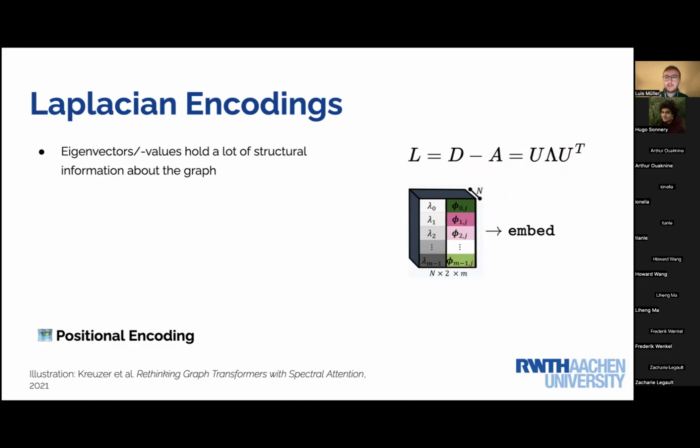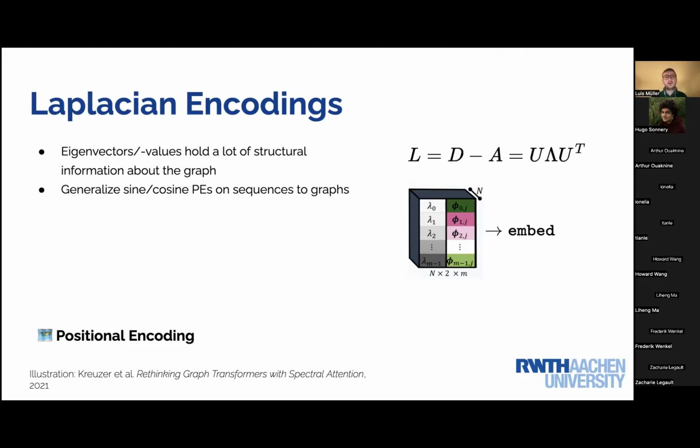The thing is, we don't just do this randomly. We do this because of a known theoretical result from the graph theory field: the eigenvectors and eigenvalues of the graph Laplacian hold a lot of structural information about the graph, and they're very information rich. And we hope that this helps us induce structure well into the graph.